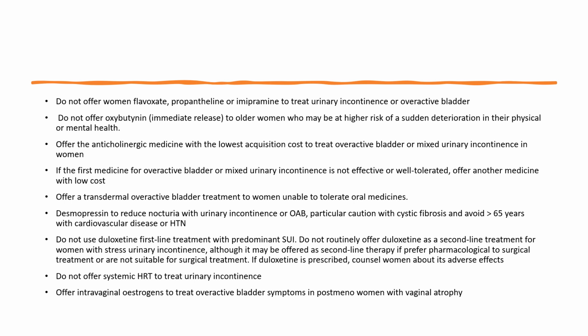Counsel women about the side effects of duloxetine. Do not offer systemic HRT to treat urinary incontinence. Offer intravaginal estrogen to treat overactive bladder symptoms in postmenopausal women with vaginal atrophy.